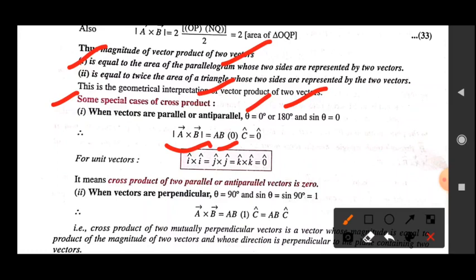For the unit vectors, i cross i, j cross j, k cross k become 0, because i cross i is equal to i into i sine theta, and the angle between i and i is 0 degrees, so sine 0 is 0. So this value is equal to 0.